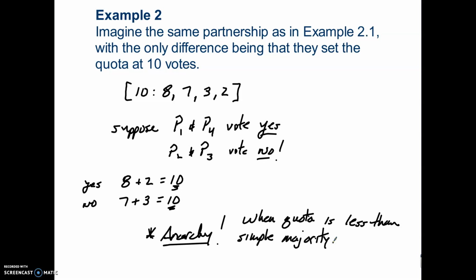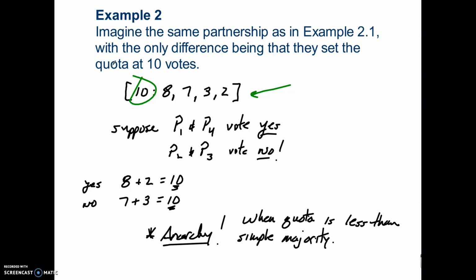So if we have a quota that's less than a simple majority, we have the possibility of anarchy. So realize, anytime you are setting up a weighted voting system at the beginning, you want to really be careful with what you set your quota at, because you want to avoid certain situations, and in this situation we have anarchy and we really want to avoid that.